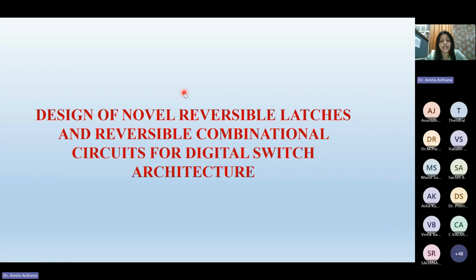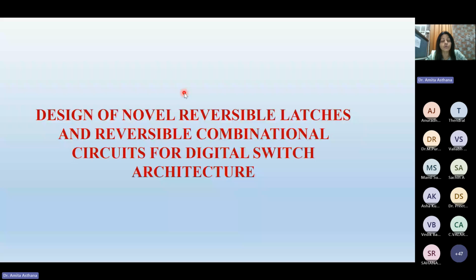Of course, there is a concept in quantum computing for reversible circuits also, and all the latches and combinational circuits can be designed using reversible logic.